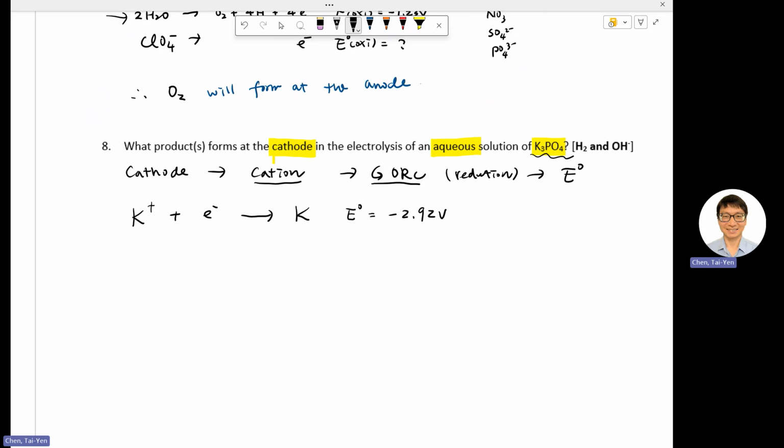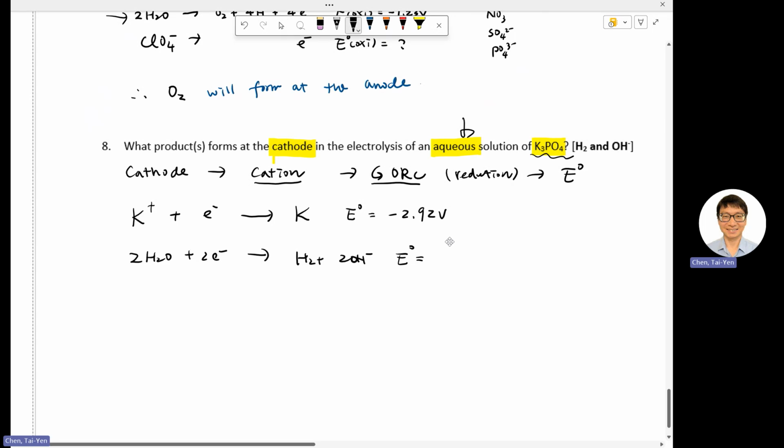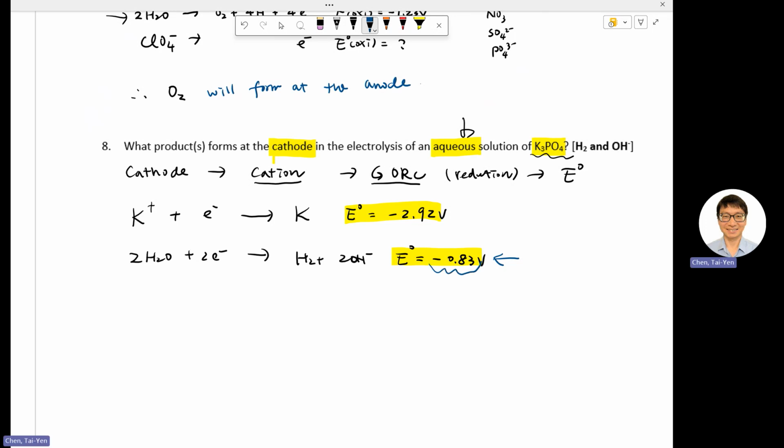And another important thing here is that you have an aqueous solution. For the aqueous solution on the cathode, we know it undergoes a reduction. So the reduction of your water is going to generate H2 plus 2OH minus. We know the reduction potential of your water is equal to negative 0.83 volt. If you compare the reduction potential between the two, apparently the water has a less negative value.